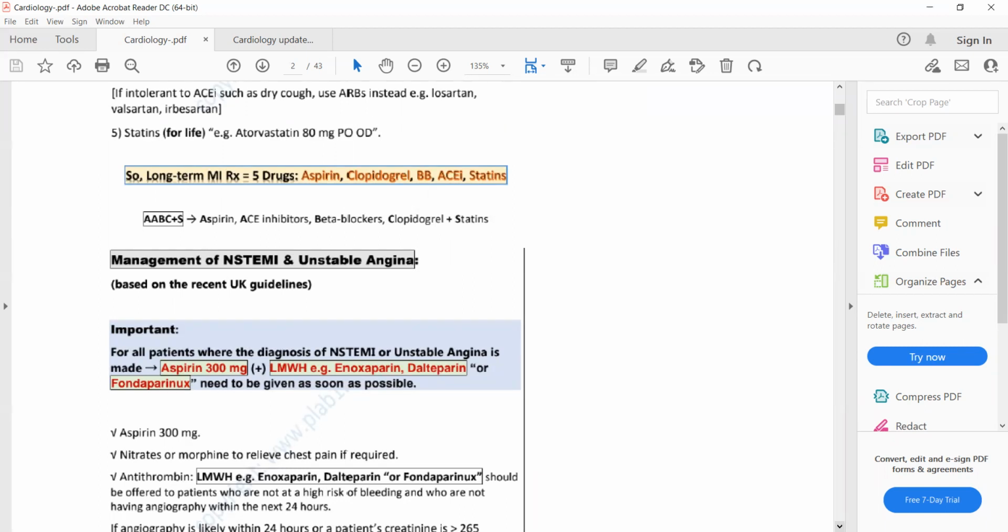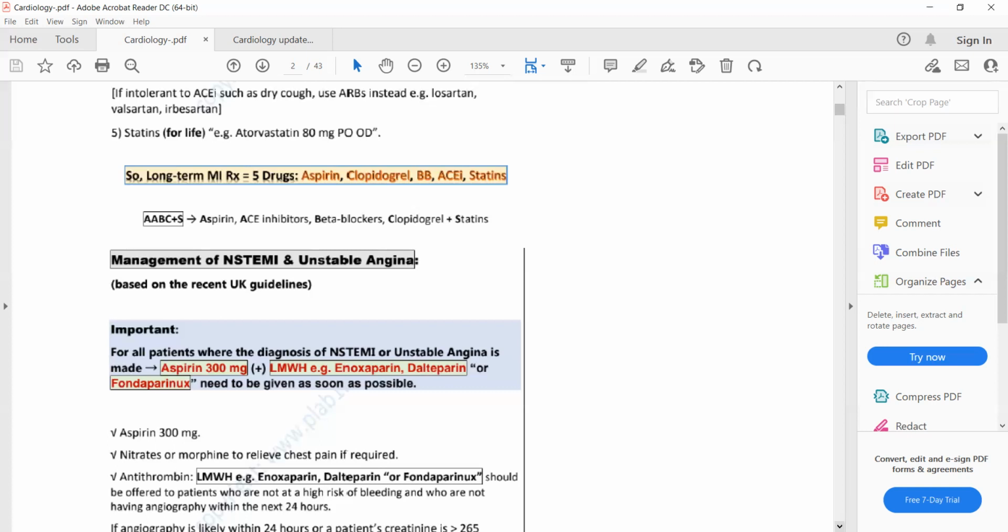Now the management of non-ST elevation MI or unstable angina. Initial management will be the same: morphine, oxygen if the patient's saturation is less than 94, nitrates and aspirin 300 milligram plus low molecular weight heparin such as enoxaparin, dalteparin or fondaparinux.